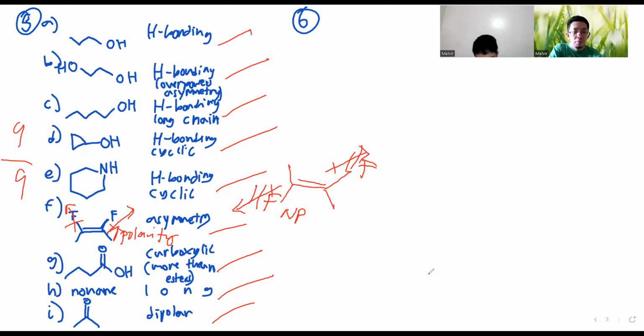So, C3 lang po? Siya, C3H7NO. Amide naman kasi siya. C3H7NO. Okay, C3.